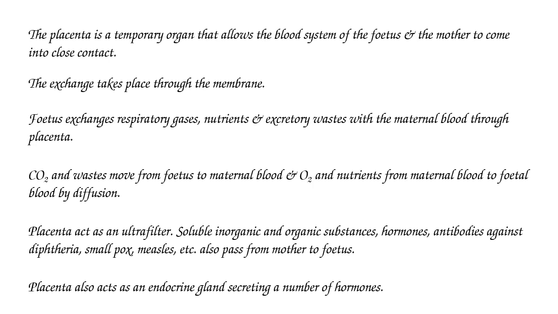The placenta acts as an ultrafilter. Substances soluble in organic solvents, hormones, and antibodies against diphtheria, smallpox, measles diseases, etc. also pass from mother to fetus. The placenta also acts as an endocrine gland secreting a number of hormones.